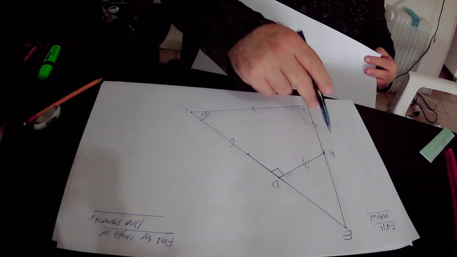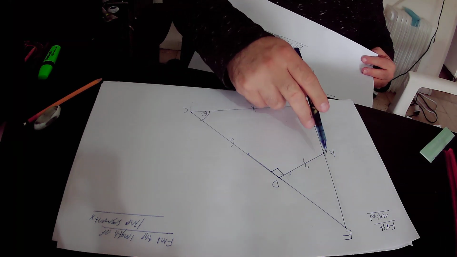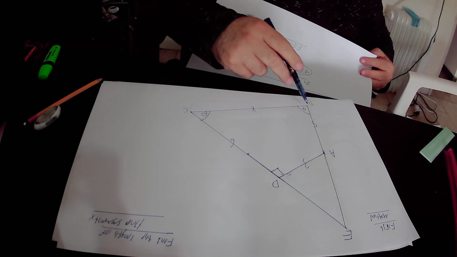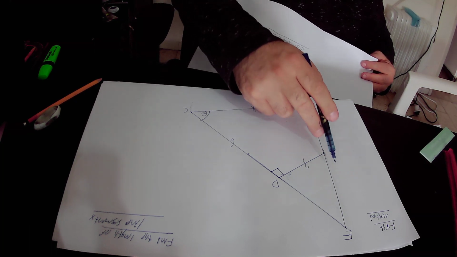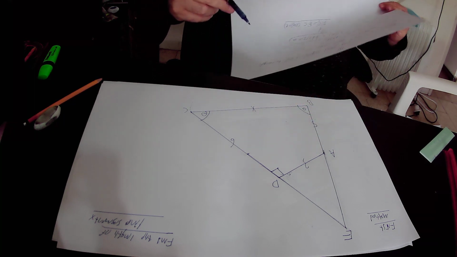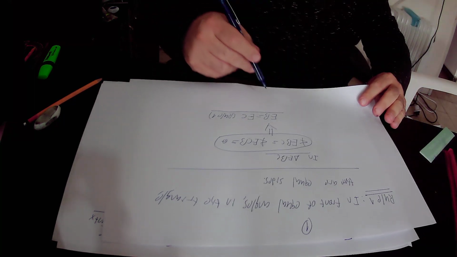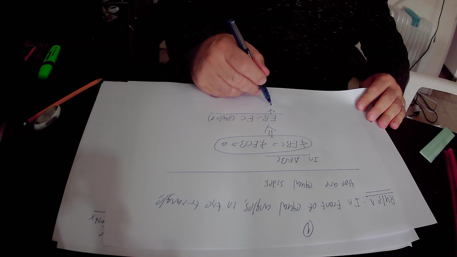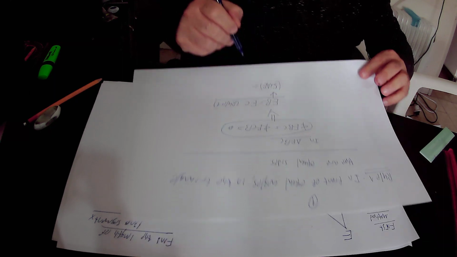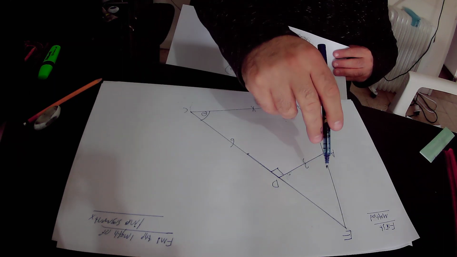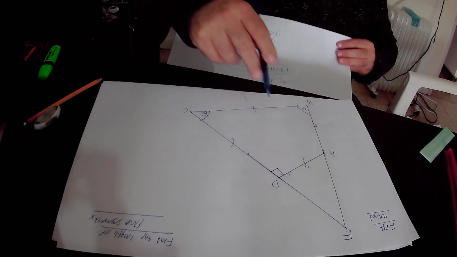But EB equals 5 plus AE. So we substitute EB by 5 plus AE, while side EC equals 6 plus ED.